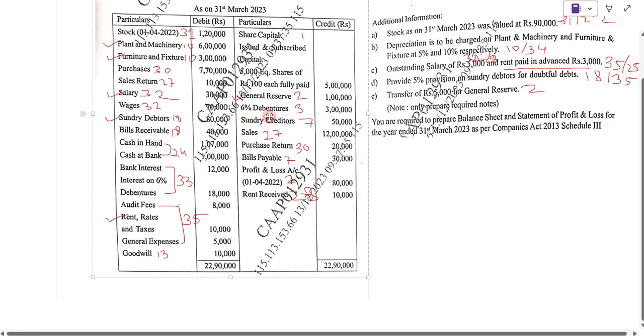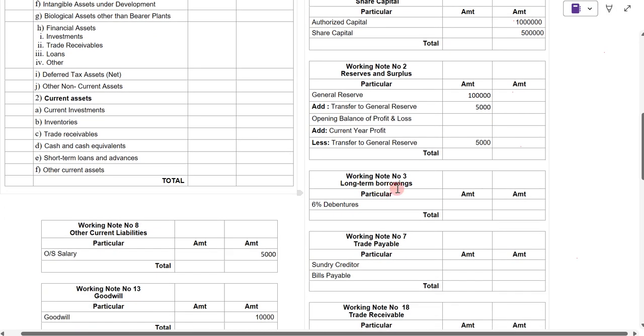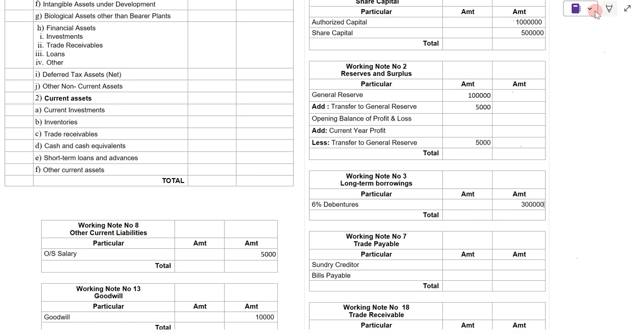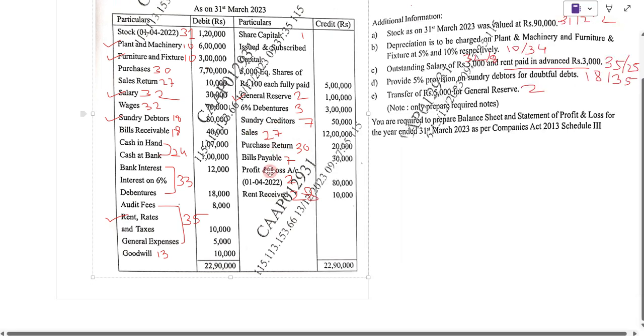Then next is 6% debentures, note number 3, rupees 3 lakhs. Note number 3, long term borrowing, 6% debentures, rupees 3 lakh. After that, sundry creditors and bills payable, note number 7.